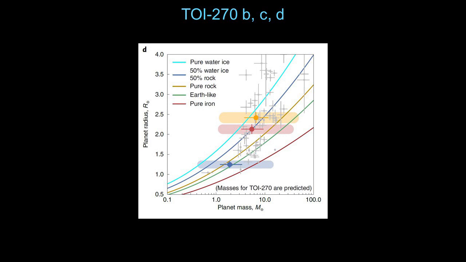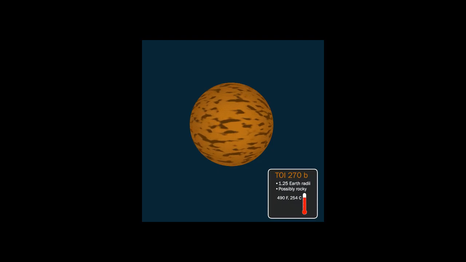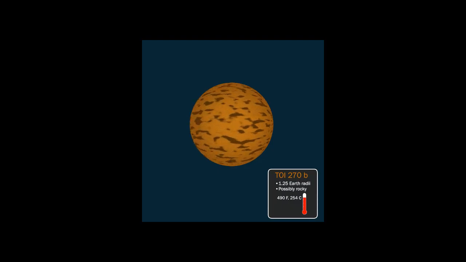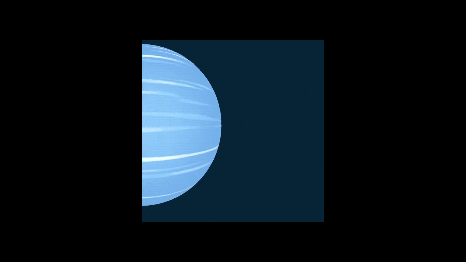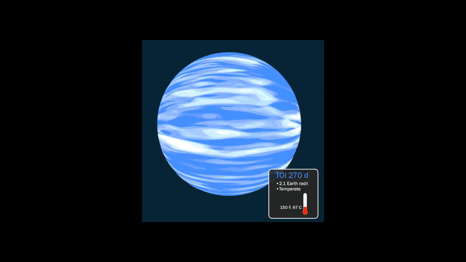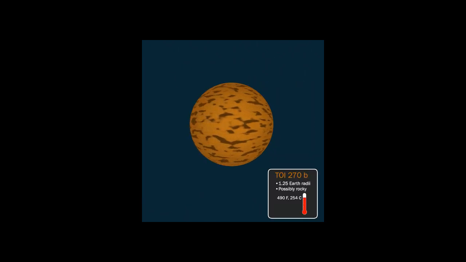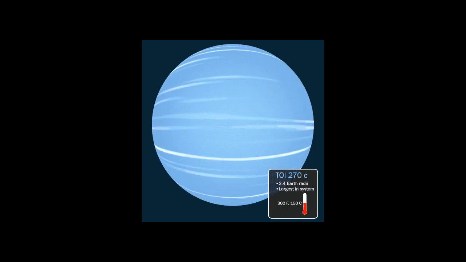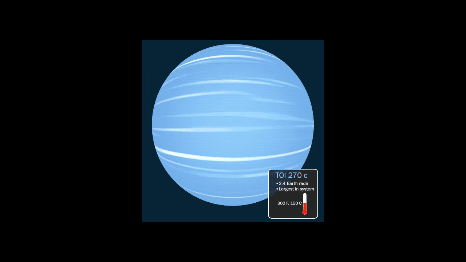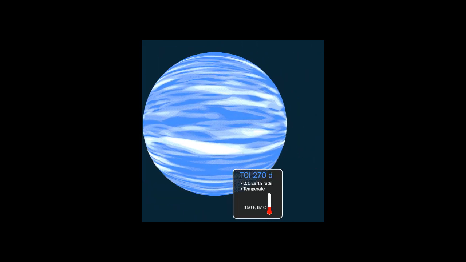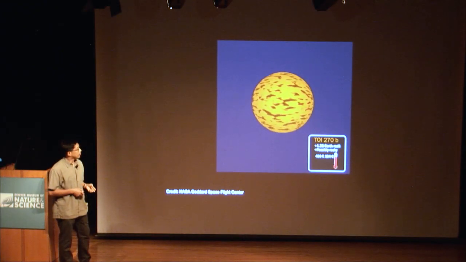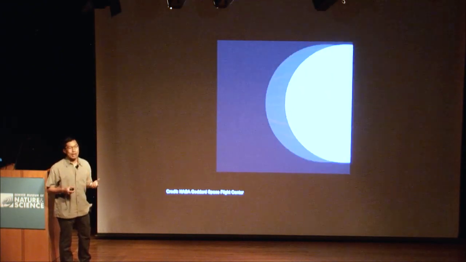But the innermost one is the most Earth-like, meaning it's only about 1.25 times the size of the Earth, but it's so close to its parent star that the surface is very, very hot. So about 490 degrees Fahrenheit, whereas the other two worlds are about 2.5 and 2 Earth radii in size, and they are potentially much more temperate.